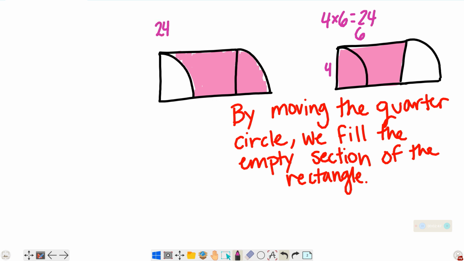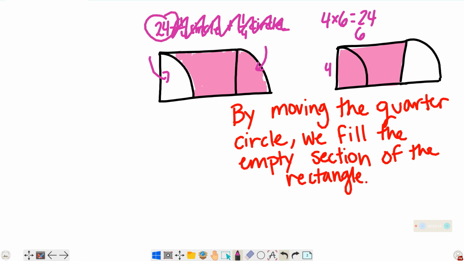But then we subtract this quarter circle, and we add this quarter circle. And when you subtract and add the same things, those change the answer by 0. So 24 changed by 0 is still 24. So they are both the same.